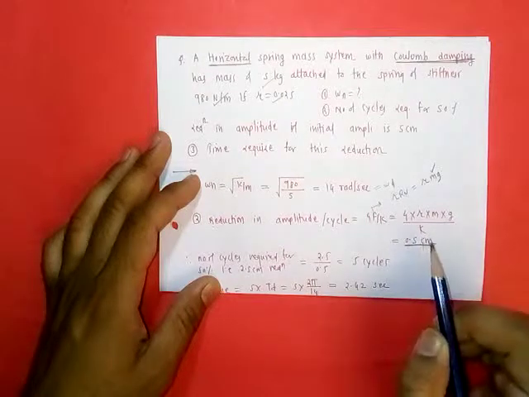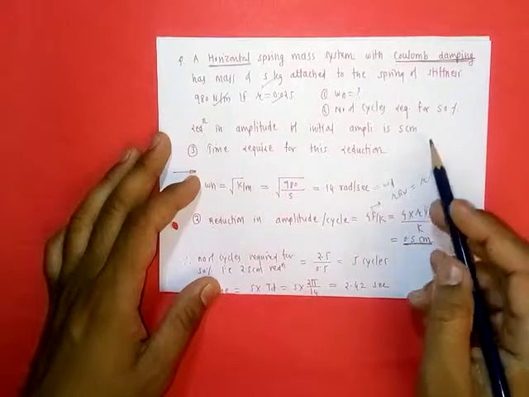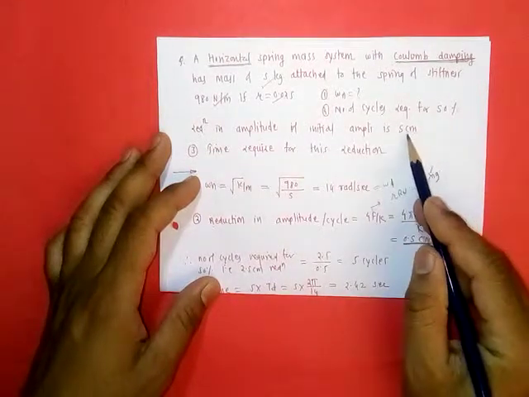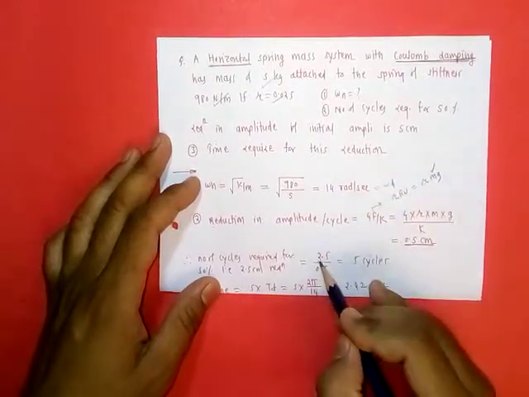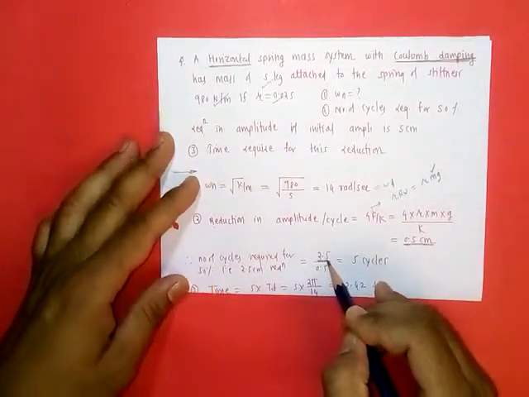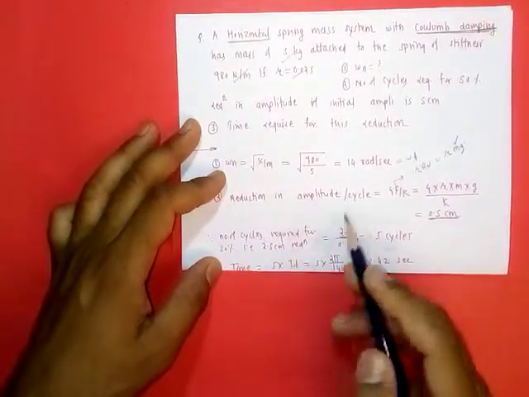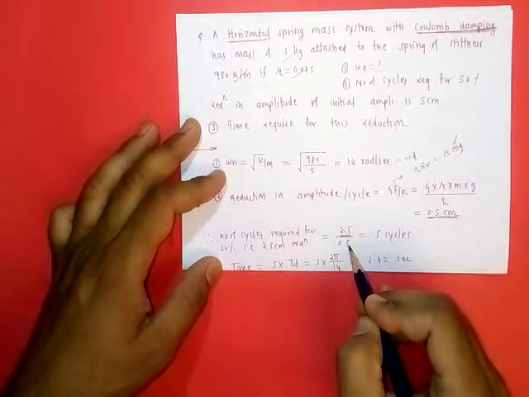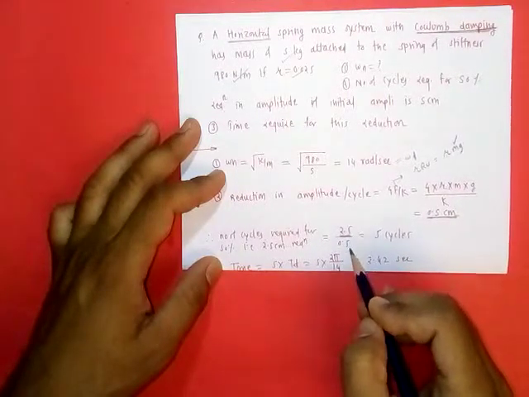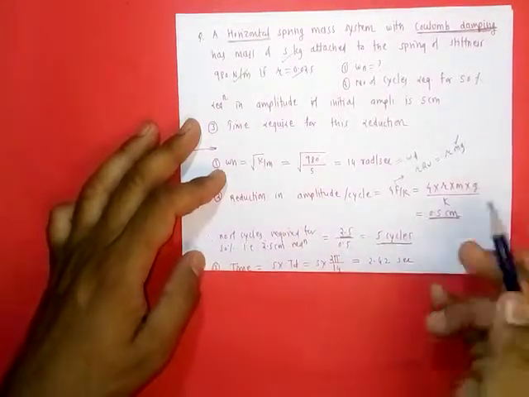So in each cycle reduction is 0.5 centimeter, but we want 50% reduction of 5 centimeter, that means we want 2.5 centimeter reduction. So the number of cycles required is total required reduction upon reduction per cycle, 2.5 divided by 0.5, and it is coming 5 cycles.